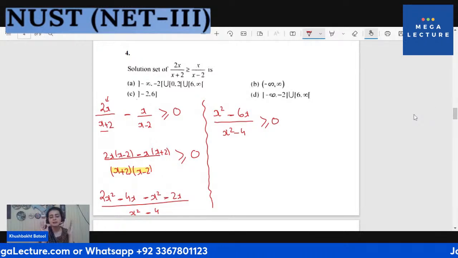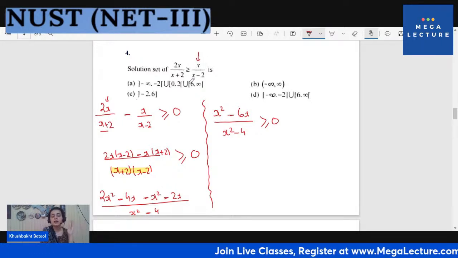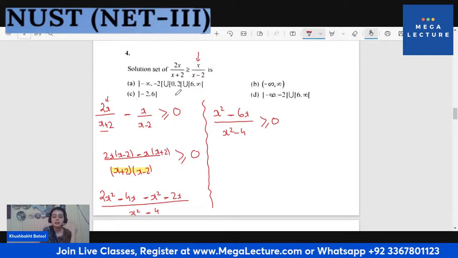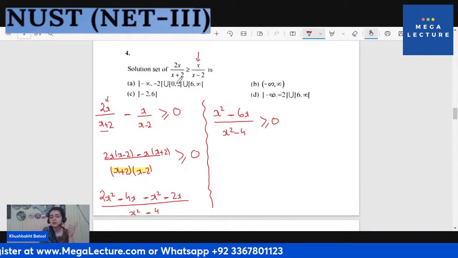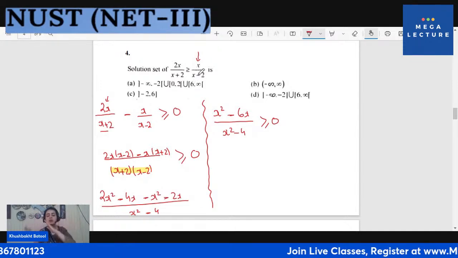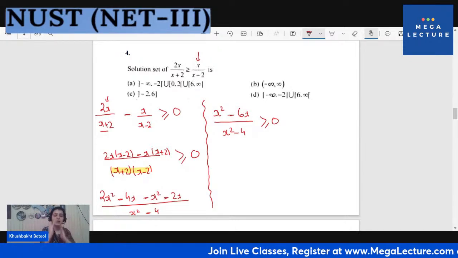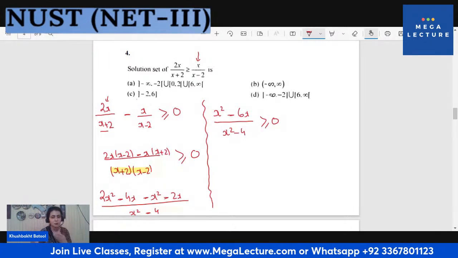Just try understanding the fact that I did not cross multiply, because I cannot multiply by a negative number from here to there. In that case, I need to change the inequality sign. I am not sure about the value of x, so I cannot do that. Whenever you have fractions and inequalities, make sure you take all the fractions on one side, simplify them, and then I'll tell you what things we need to do.